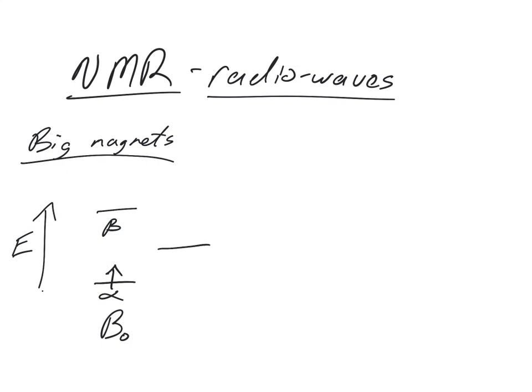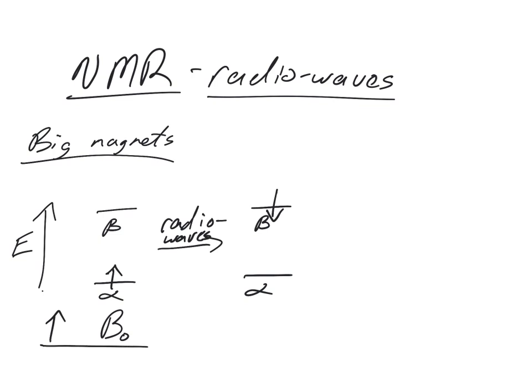So what happens is we hit a molecule with radio waves. That's enough energy to make that atom go from the alpha state to the beta state. And see how it's now against the magnetic field, if the magnetic field is going this way? All right, this is the magnetic field.